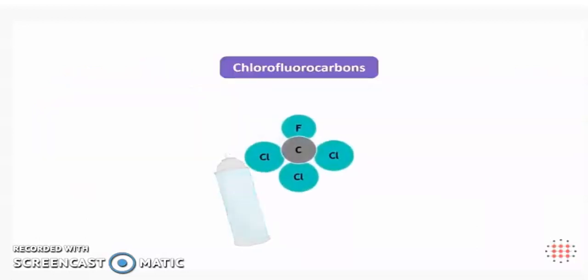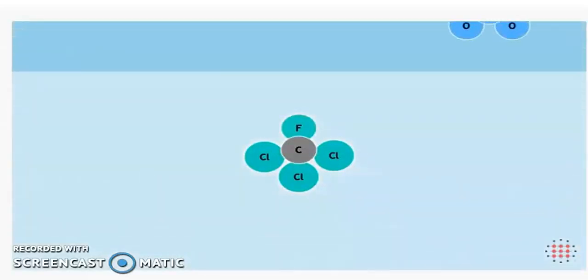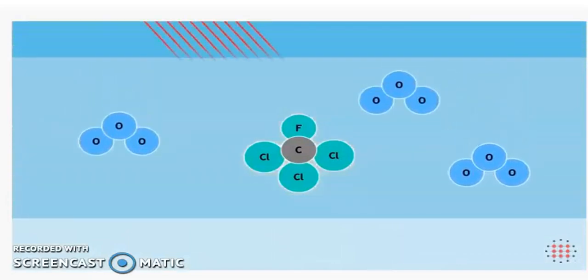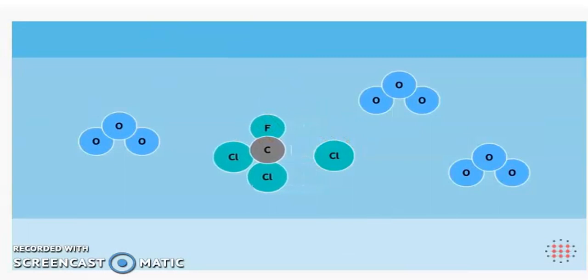Chlorofluorocarbons are molecules made up of chlorine, fluorine, and carbon. When a chlorofluorocarbon molecule is released into the Earth's atmosphere, the ultraviolet rays of the sun cause it to break up and release a chlorine atom. The ozone molecule is highly reactive.